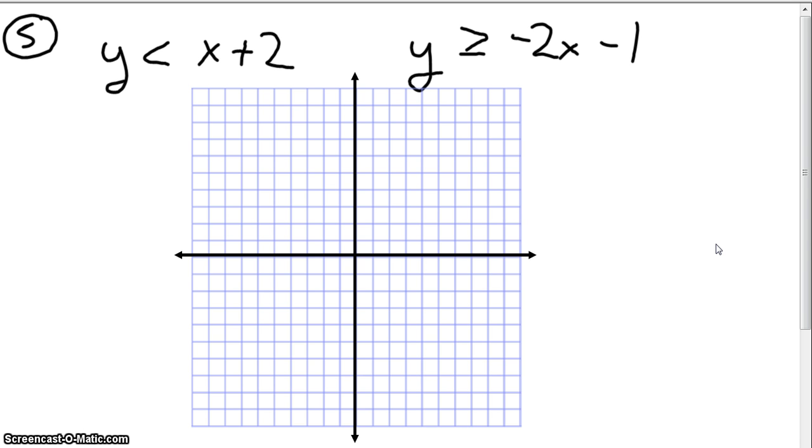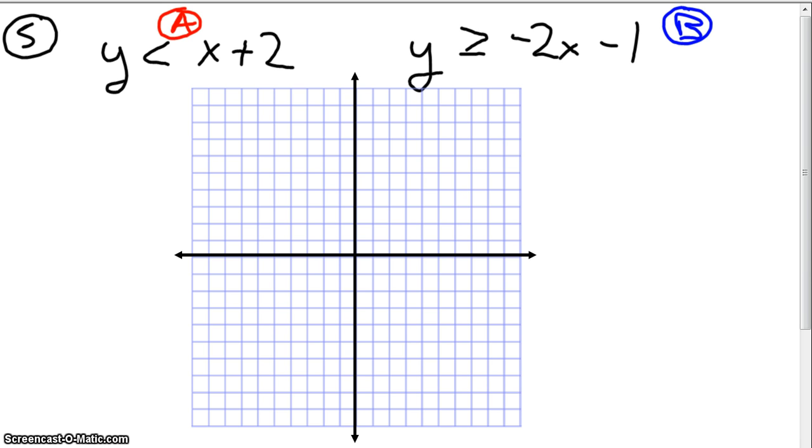On paper, you can shade with pencil, but on the board I'm going to use two different colors for the two different equations, because I can't show different shading. So I'm going to graph this first inequality. I'm going to call it A so we can talk about how it's different than the second inequality, which I'm going to call B, all right?